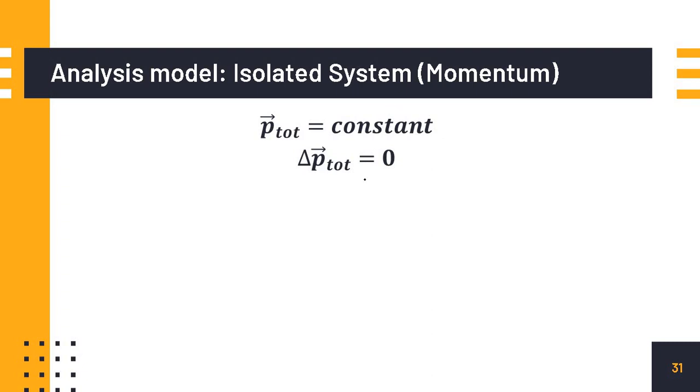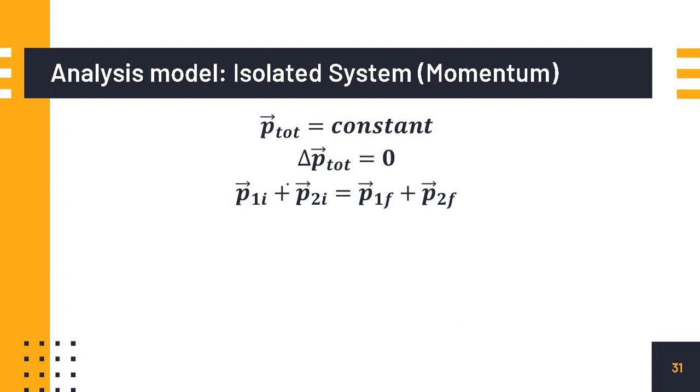Now, if we remember, mathematically, delta, or that triangle right there, symbolizes a change. So that is final momentum minus initial momentum, or we can rewrite that equation like this.